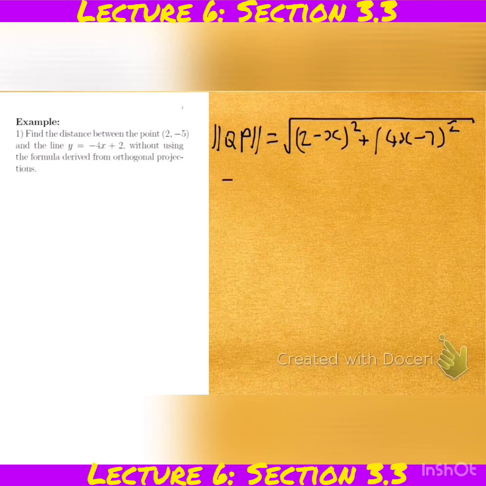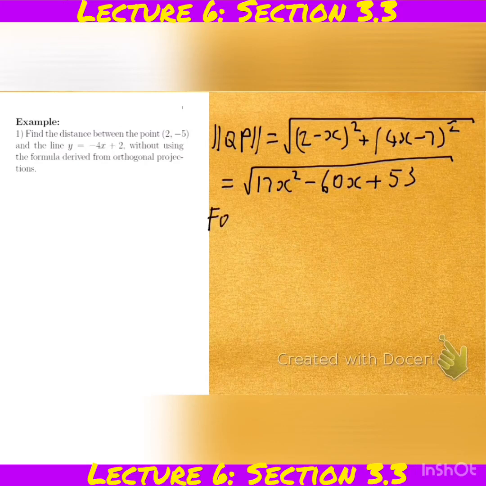Right, so you can go and work that out: that's the square root of 17x squared minus 60x plus 53. And if you plug in x, what did we say x was? It's 30 over 17.